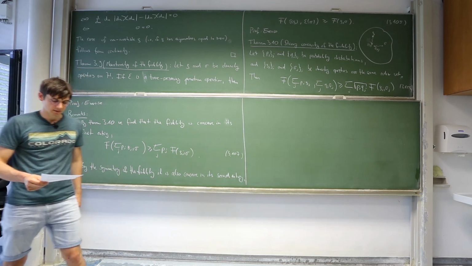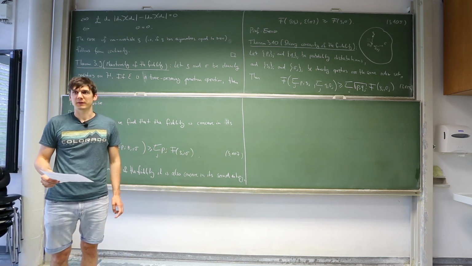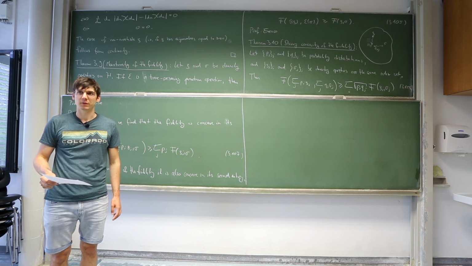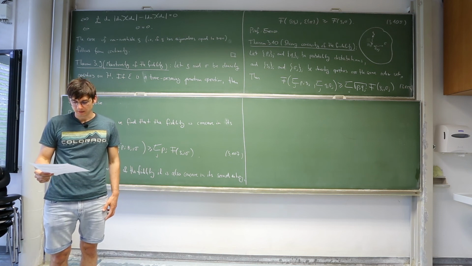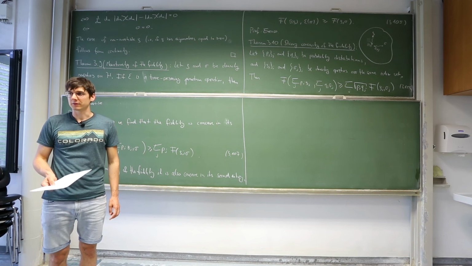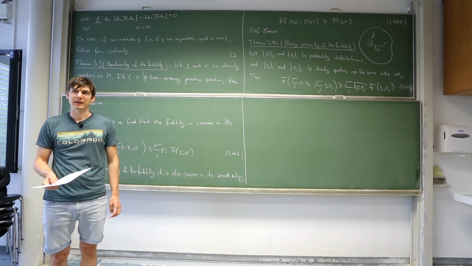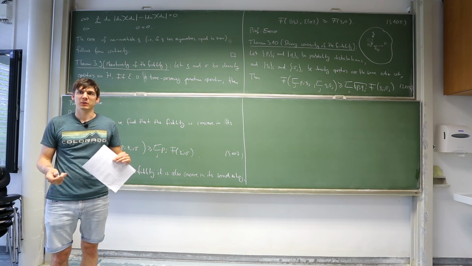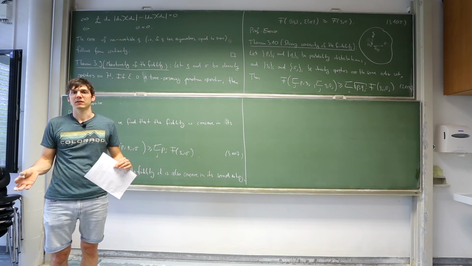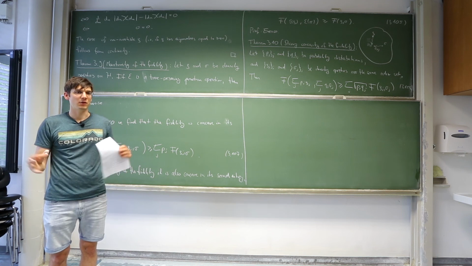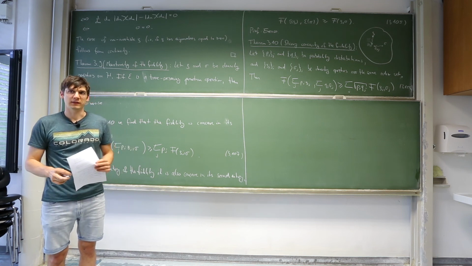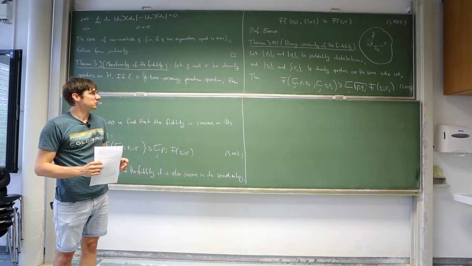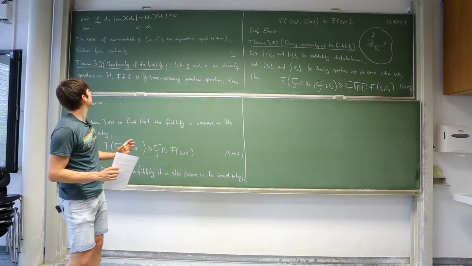Okay, with this, I'm finished with stating all the properties that we need for the quantum fidelity. And as I already highlighted a couple of times, we see a clear relation between fidelity and trace distance, right? They behave opposite to each other. And this we can really see with all the theorems that we stated.